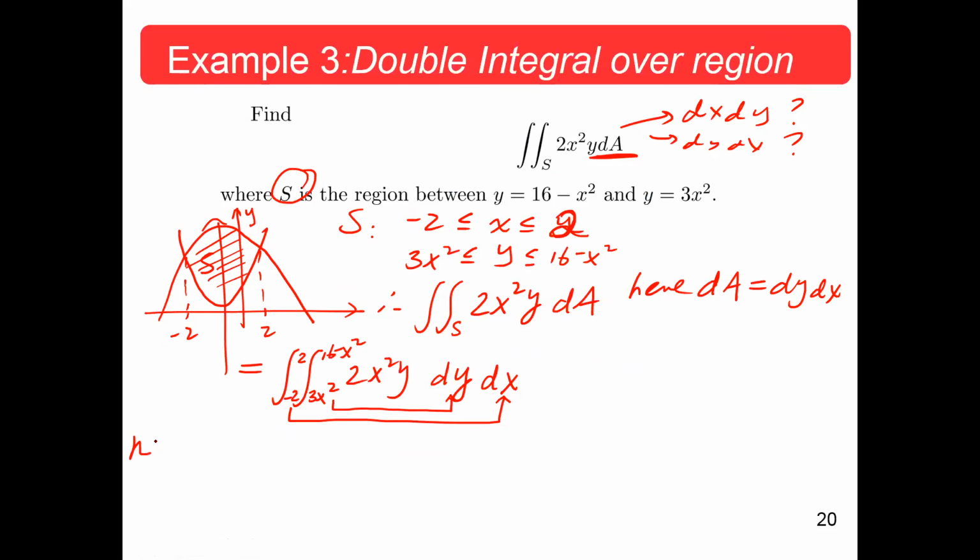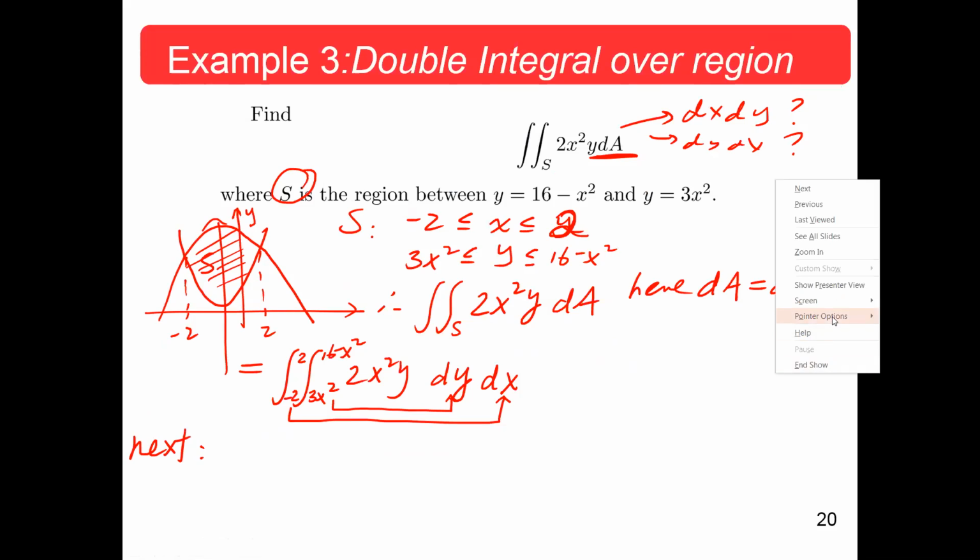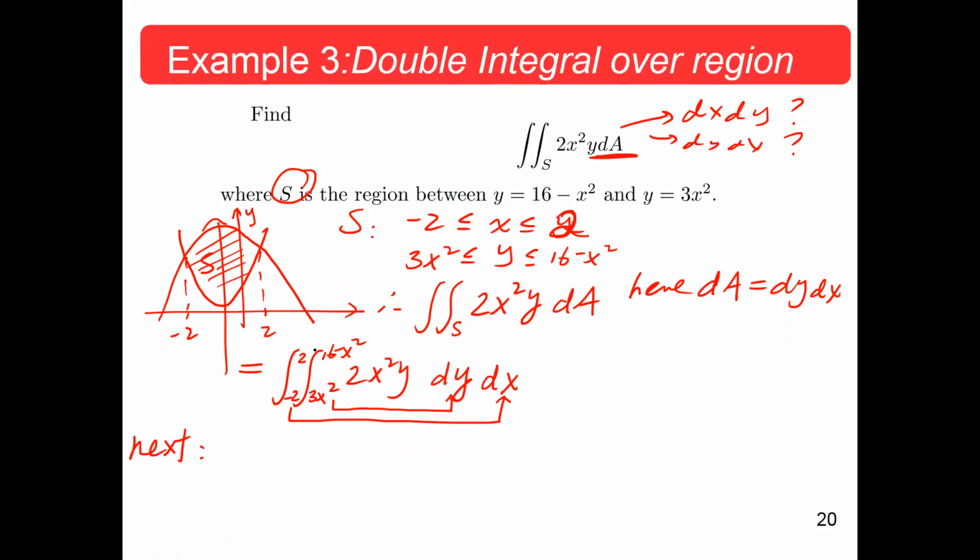All right, next, let's evaluate this double integral. We're going to use the method we discussed last time: start with the inside and go to the outside. So let's start with the inside. We're going to do the integration from 3x squared to 16 minus x squared of 2x squared y dy.